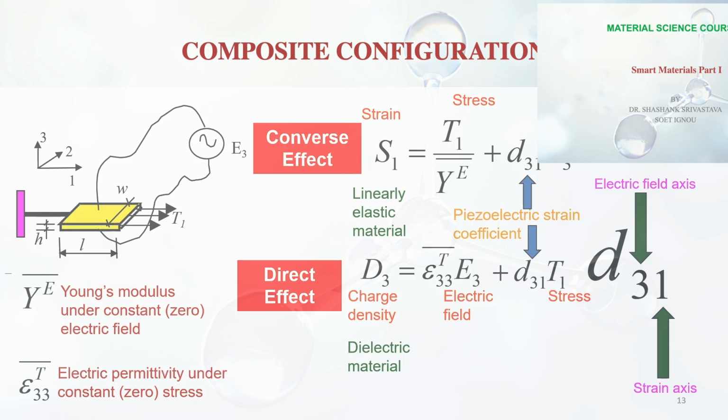The bar above the symbol Y indicates that it is measured in the dynamic condition. So this is the dynamic Young's modulus that will be slightly higher than the static Young's modulus. In the case of the electric permittivity epsilon, we find that there is a superscript T. This superscript indicates that this parameter is measured under zero stress conditions, and similarly the bar indicates that it is pertinent to dynamic condition.